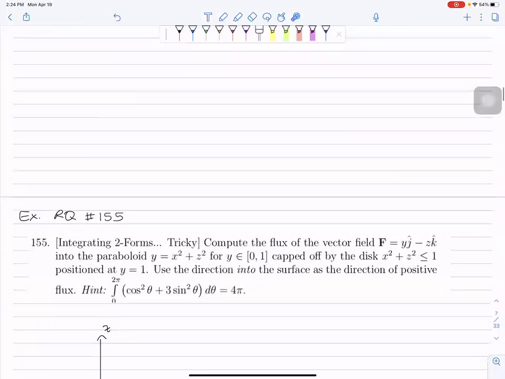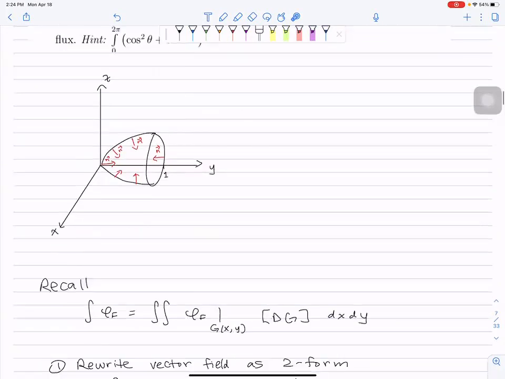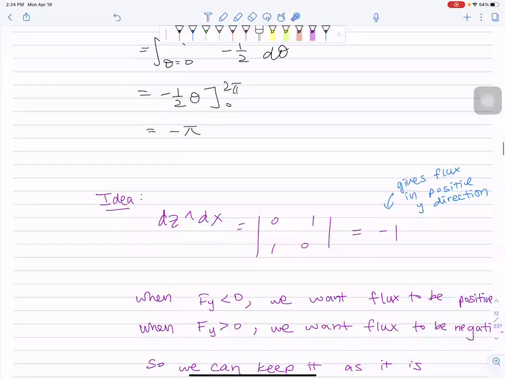If you had this other problem, recitation question 155, and I can go over this next recitation, this is where the direction into the surface is now positive. So everything goes opposite. You can still do the same thing as the previous problem, just at the very end, take the negative of it. But you shouldn't need to know orientations too much this week, I believe. Okay, let's skip that.